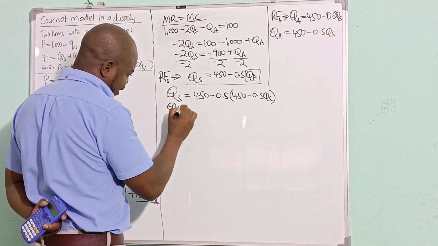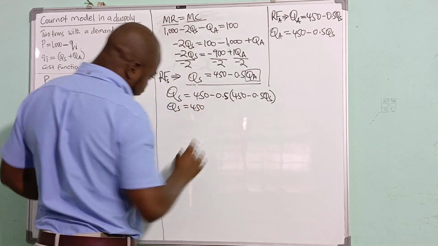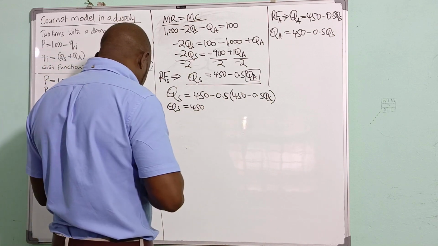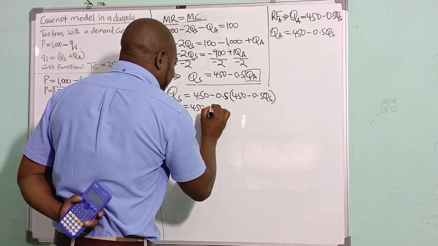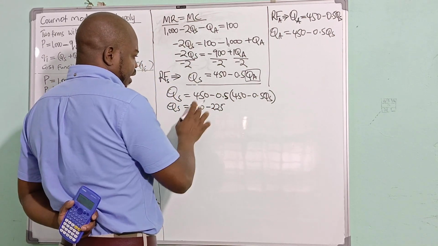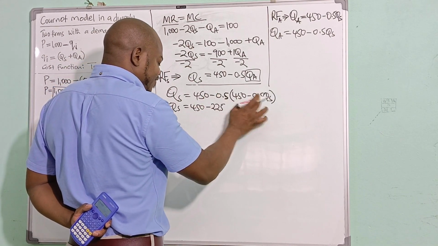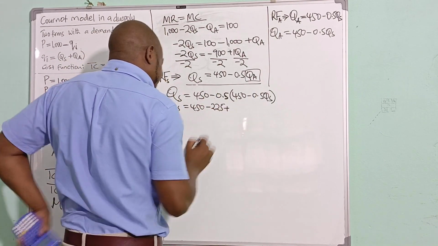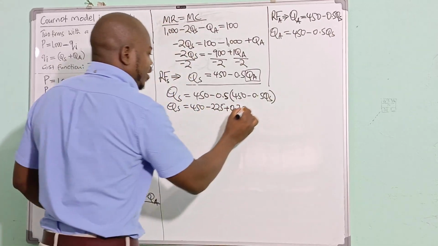Then we can start expanding. So this will be QS is equal to 450 here, negative 0.5 multiplied by 450, which gives me negative 225, correct? And then negative 0.5 multiplied by negative 0.5 QS gives me positive 0.25 QS.